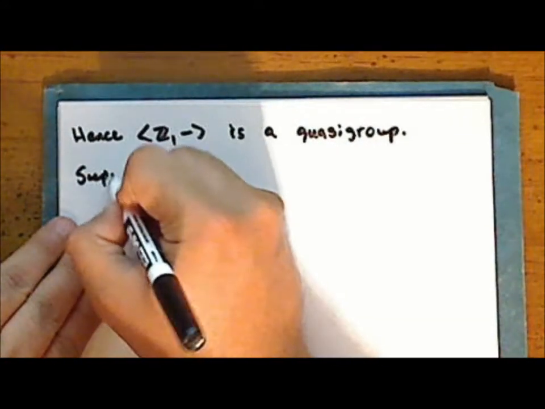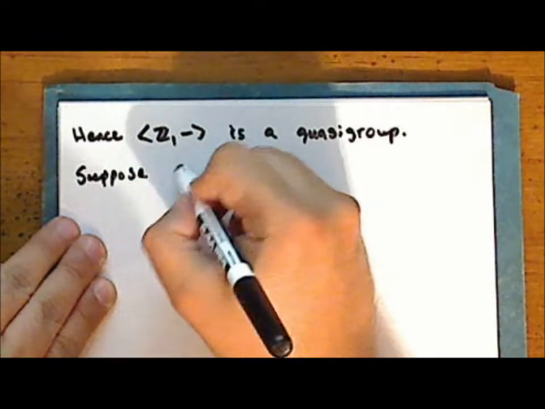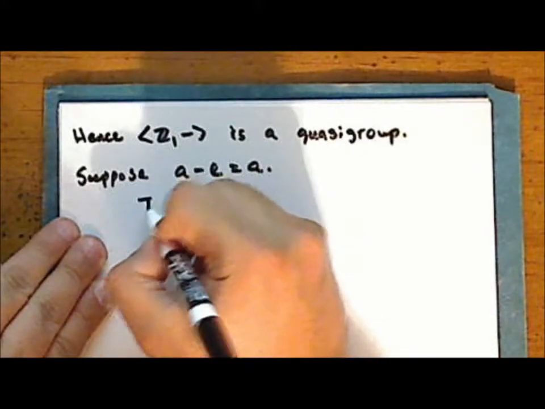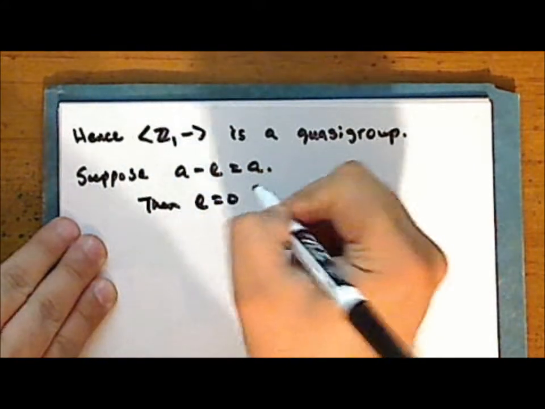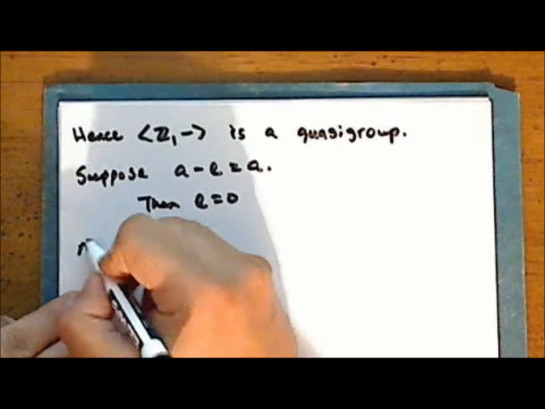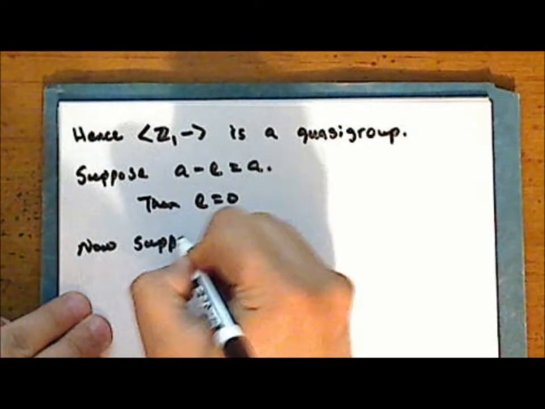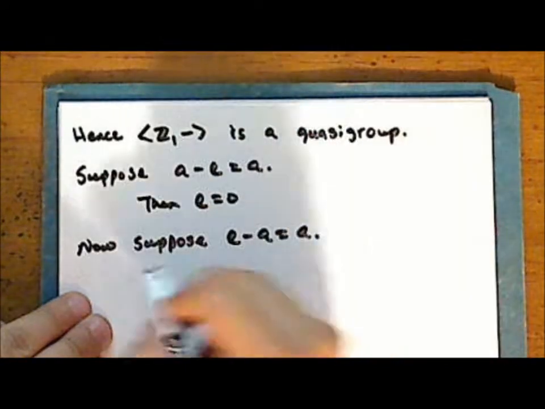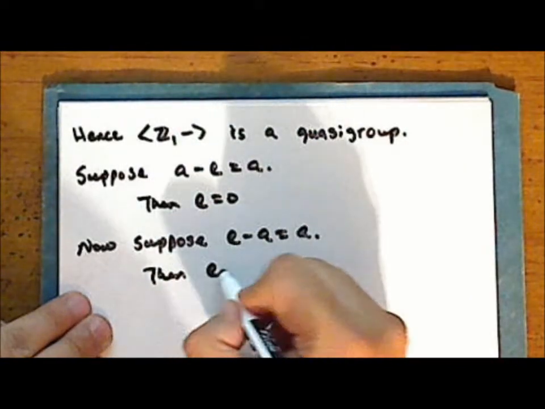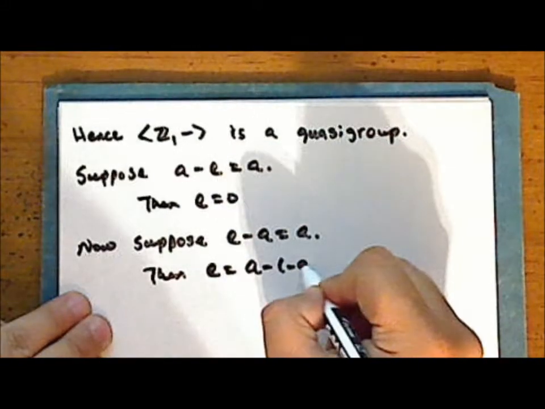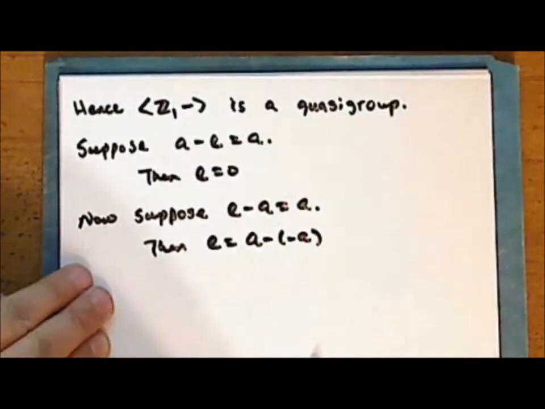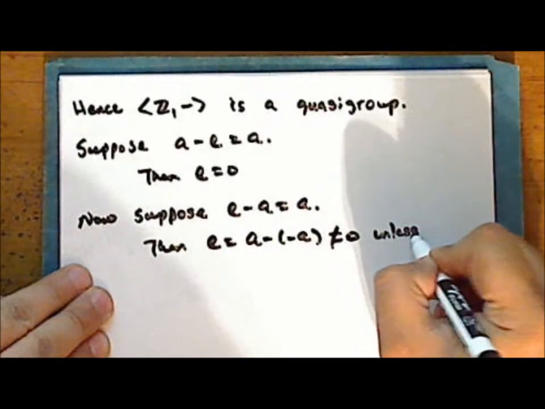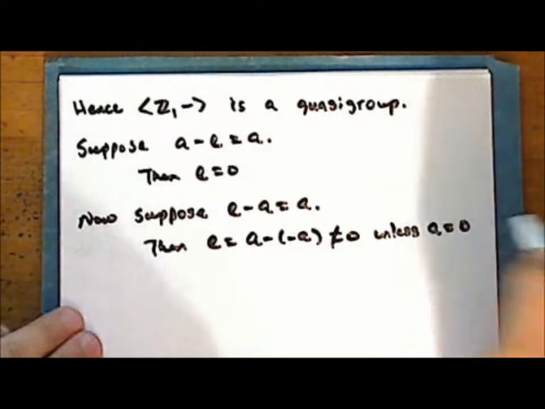Now suppose that A minus an element e gives the element A, then e must be 0. Now suppose that e minus A gives the element A, then e must be A minus the negative of A, or we can think of this as 2A, and this is not 0 unless A is 0.